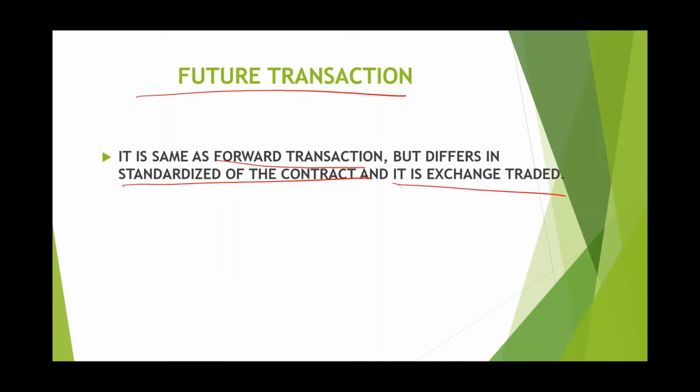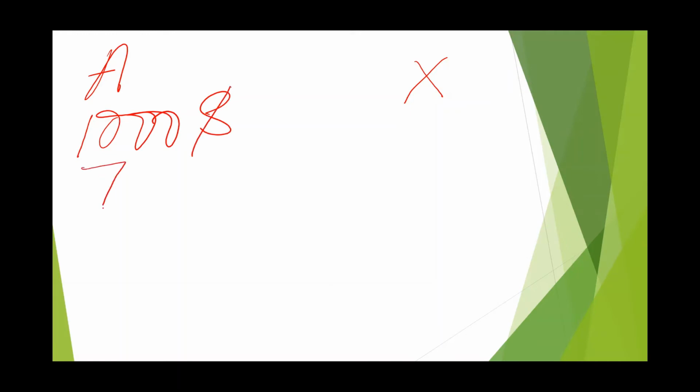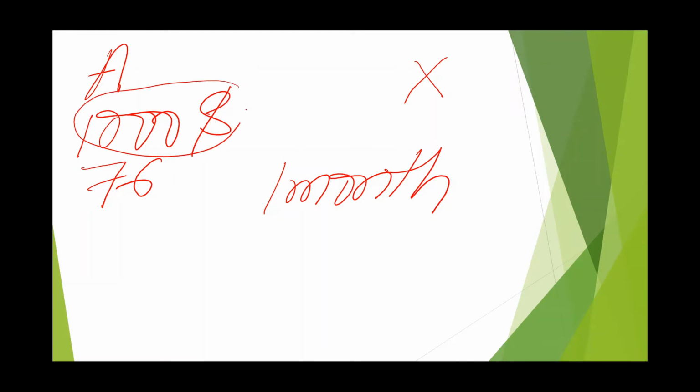To understand the forward transaction, we have taken an example saying that a person A makes a contract with X person to purchase $1,000 at the rate of 76 rupees for 1 month. So that means he wants to purchase $1,000 after 1 month. For that, he made a direct contract with X person.